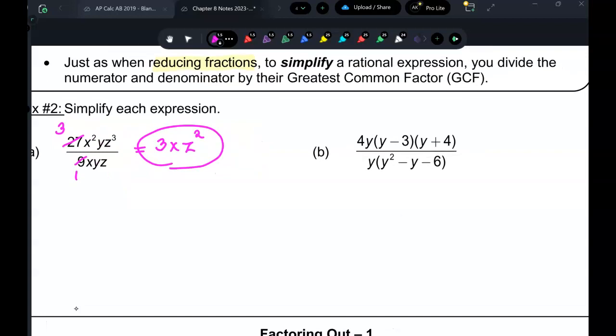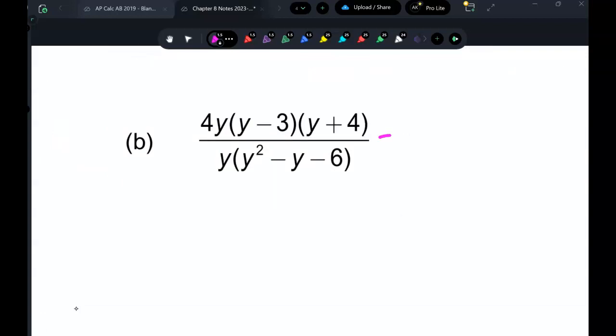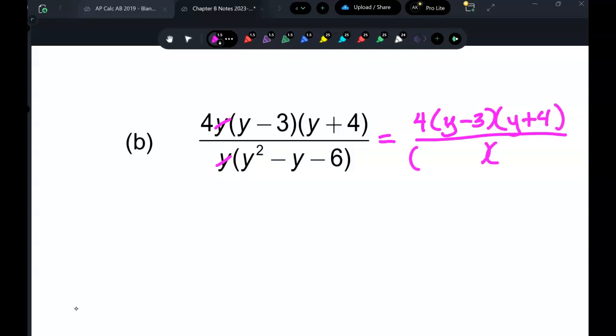For B, in the numerator can I cancel anything out right away? I could cancel out the y's. I'm going to leave the numerator alone, but how about the denominator? How can I factor that?